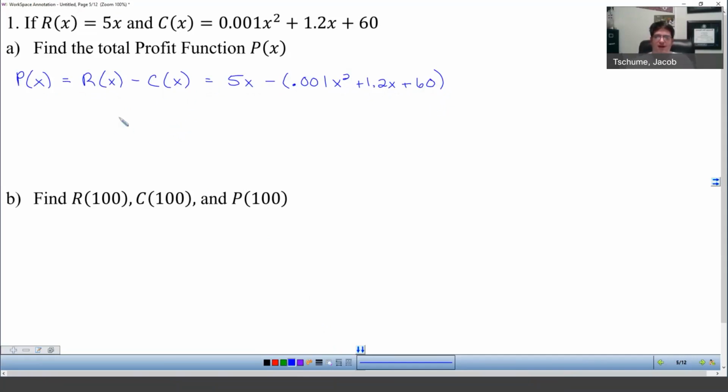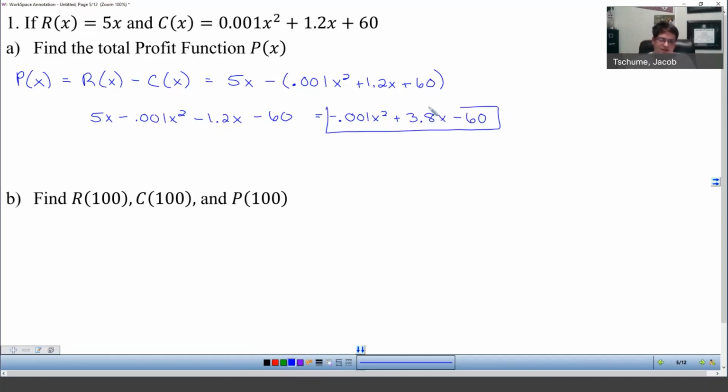If I distribute that negative through, it is 5x minus 0.001x squared minus 1.2x minus 60. Putting my terms together, this is negative 0.001x squared plus 3.8x minus 60. This is our profit function.